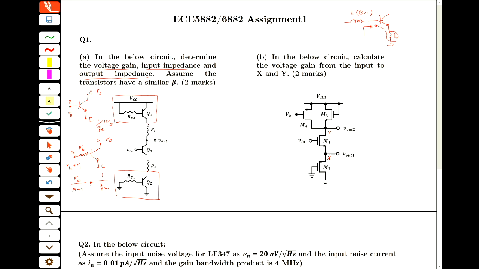For the upper part, what you see from here, if I call it R equal 1, is RB2 divided by beta plus 1, plus 1 over GM1.